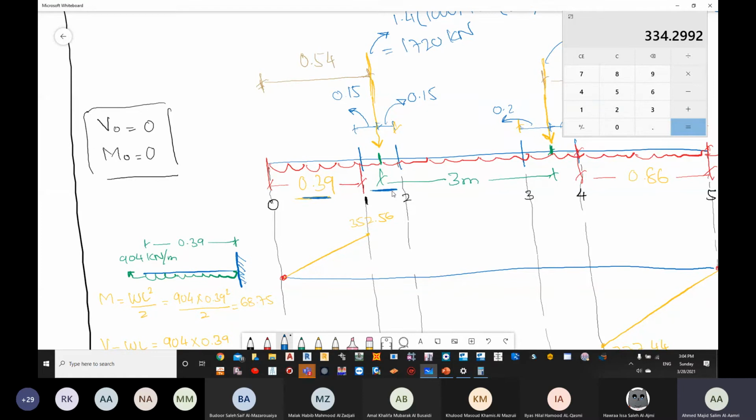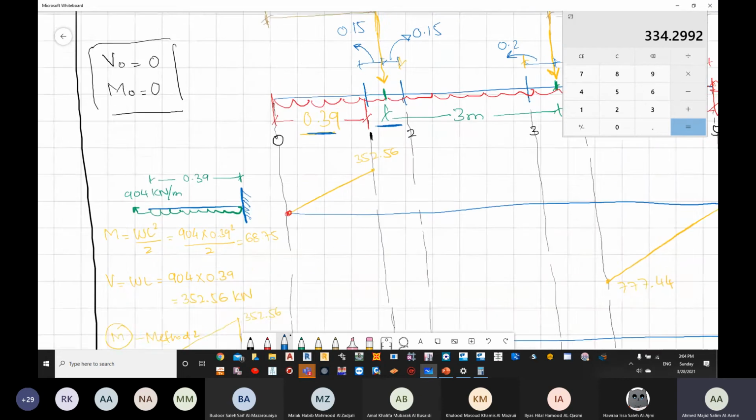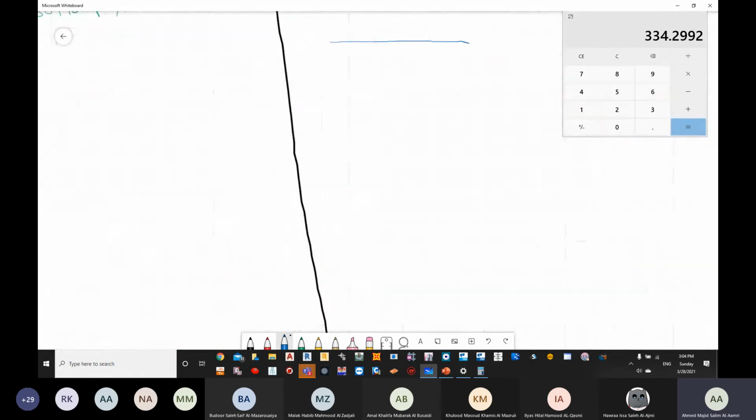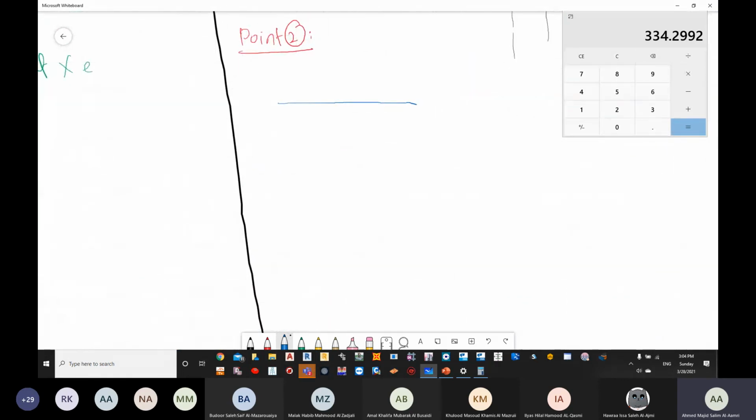How much is the column side? 0.3. So 0.39 plus 0.3 is going to give you 0.69. So my length from point number 2 till the edge of the foundation is 0.69.